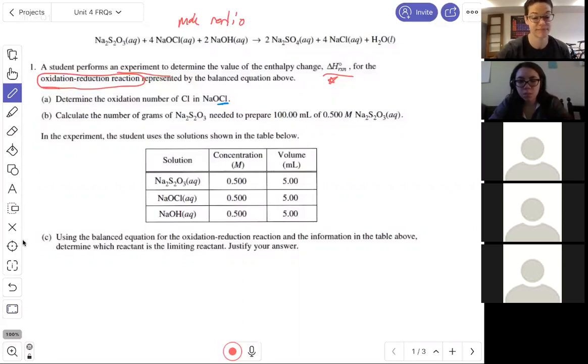One plus. Yep. Metals just take their normal charge. Nothing different there. And what do we know O is? 2 minus. Yep. So what does that make chlorine have to be to make the plus and the minus cancel out? 1 plus. Yep. And for oxidation numbers, we do put the sign first. So it is a +1.